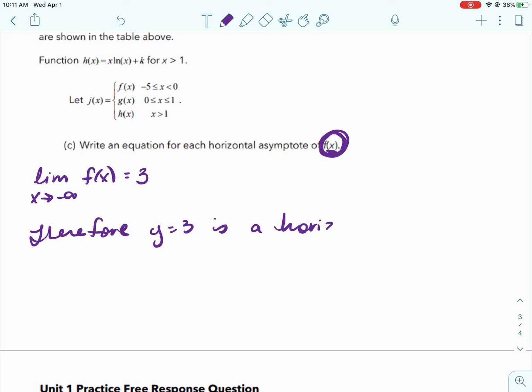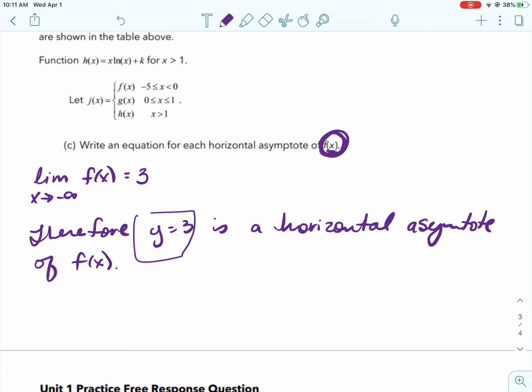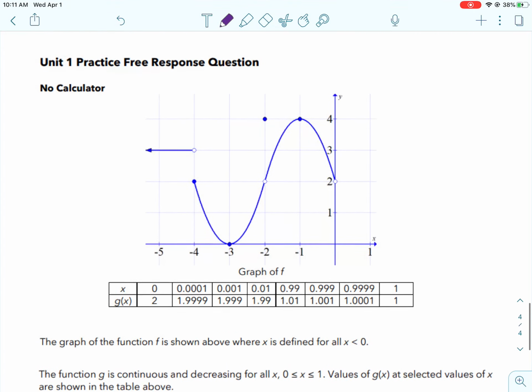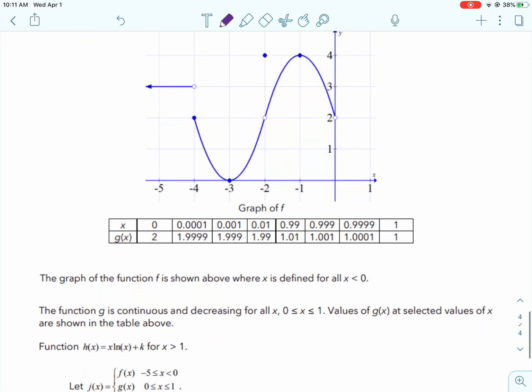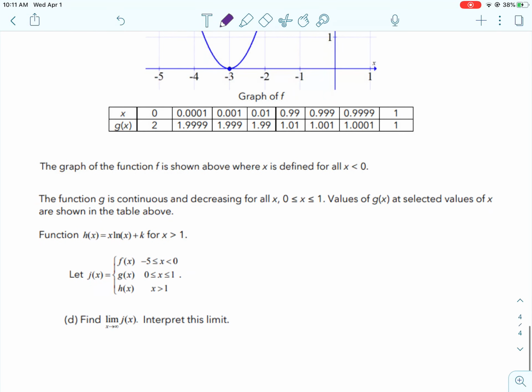So therefore, y equals 3 is a horizontal asymptote of f of x. All right, and you would need to write it as an equation. It specifically says write an equation, and the equation of a horizontal line is y equals.